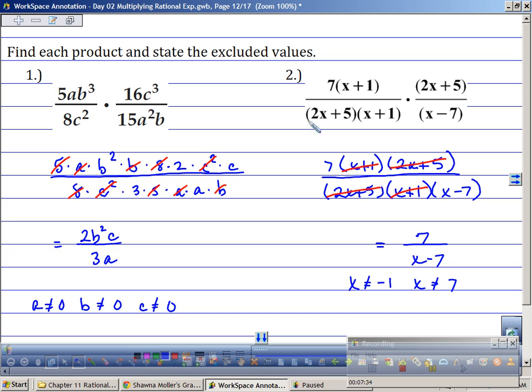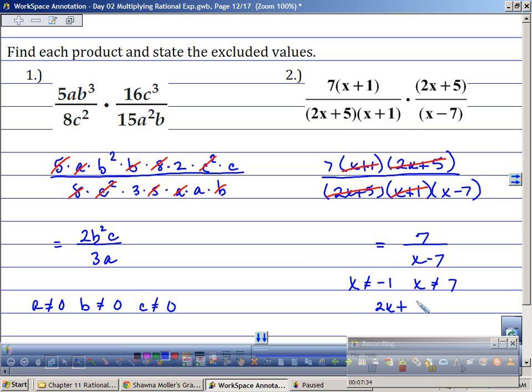But this one's a little harder to see. So what can I set this quantity up to see what x can't be? What did we do when we were trying to find where y was 0? Remember we used the quadratic equations when we were trying to find our zeros or our roots? What did we set equal to? 0. Equal it to 0.